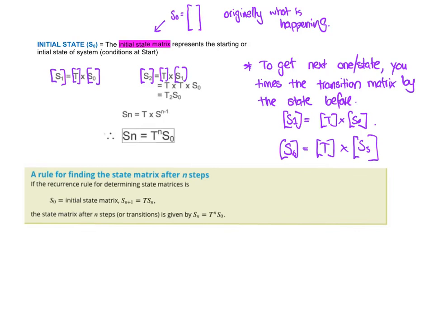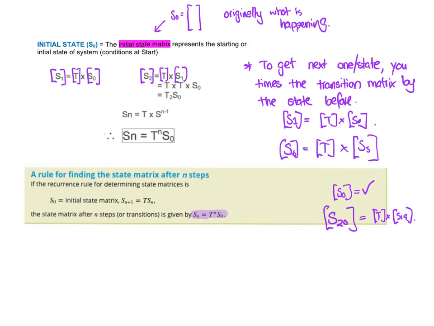So sometimes it'd be okay as long as we're given the original state, say S0, but say they want us to get to state 20. Now, you don't want to keep having to go transition times and keep going all the way up to S19. That's going to take too long. So there is this rule here that we can use.